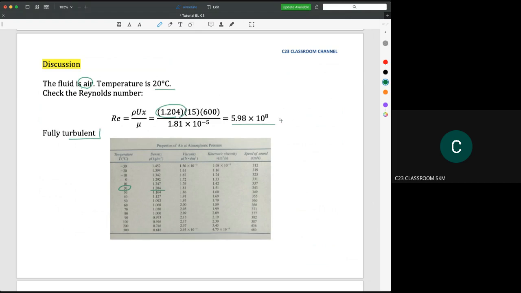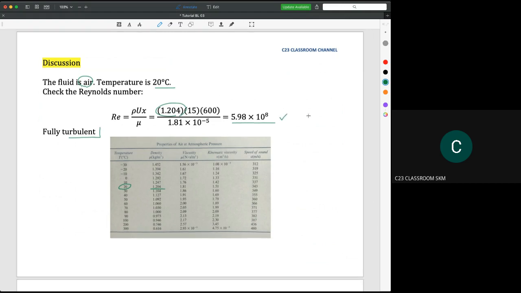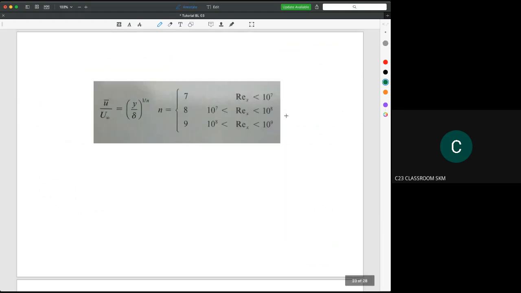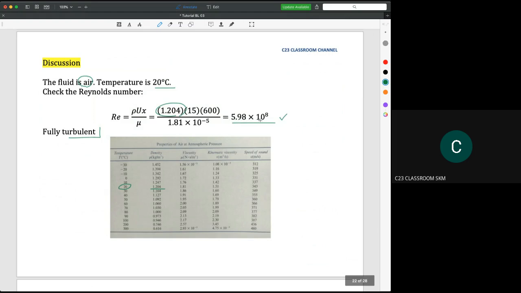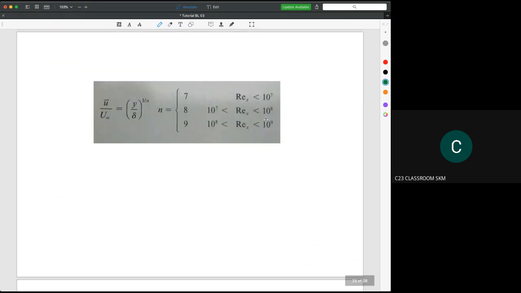After we know the Reynolds number, this falls in this range, so we could estimate the turbulent boundary layer with a 1 over 9 power law, meaning y over delta to the power of 1 over 9, according to the Reynolds number range.